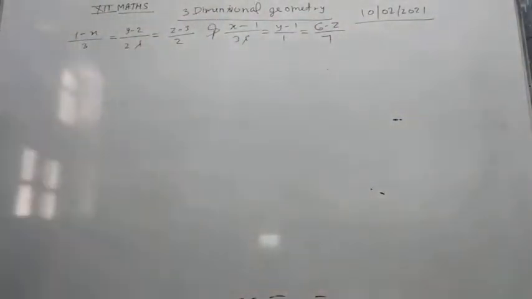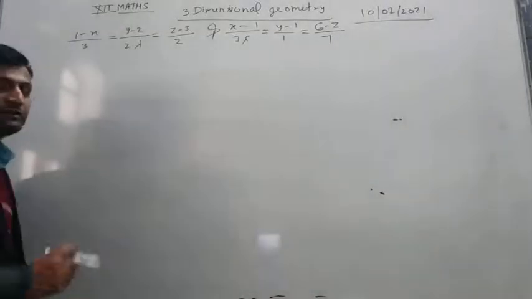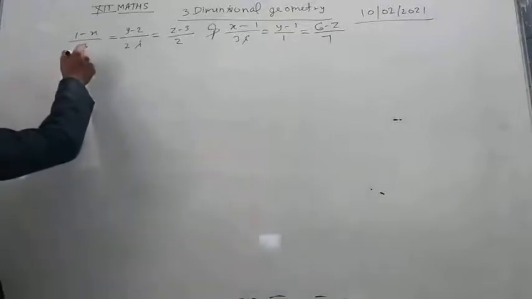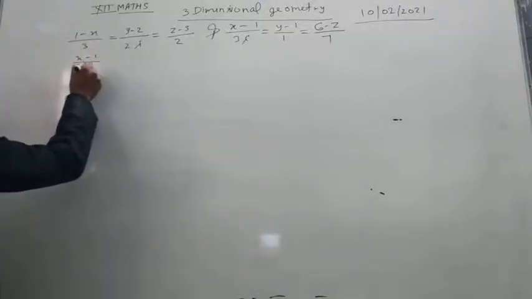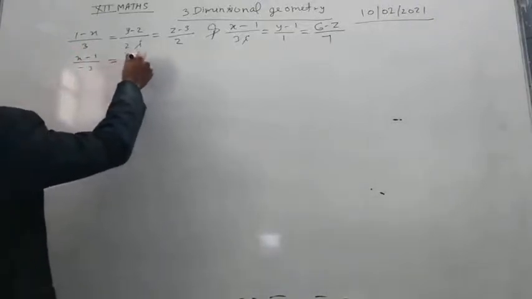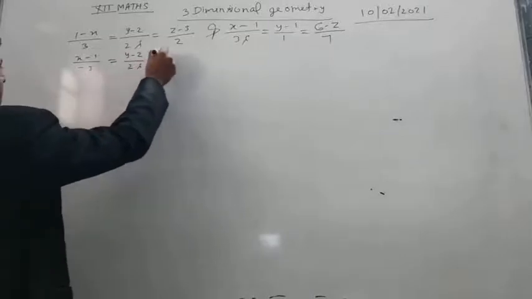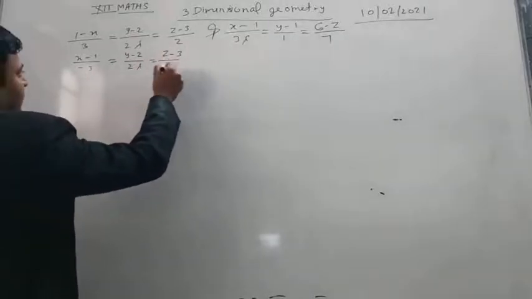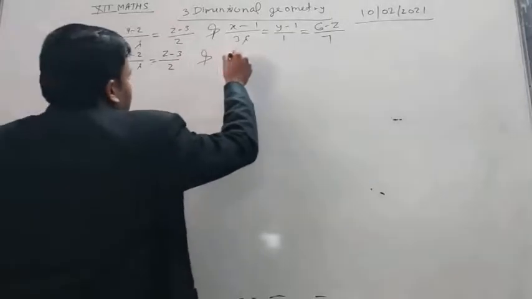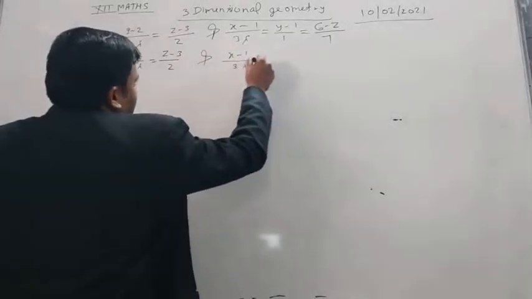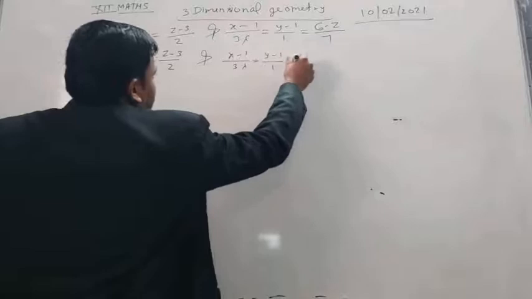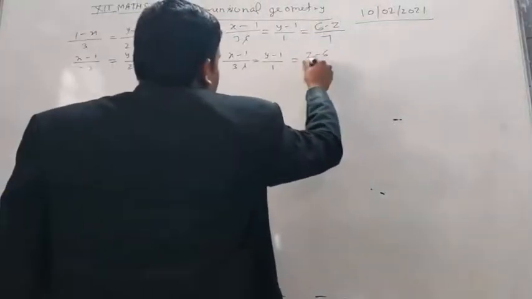So students, first of all, we write this in the standard form, that is, we write (x minus 1) by minus 3 and (y minus 2) by 2 lambda and (z minus 3) by 2, and then (x minus 1) by 3 lambda, (y minus 1) by 1 and (z minus 6) by minus 7.